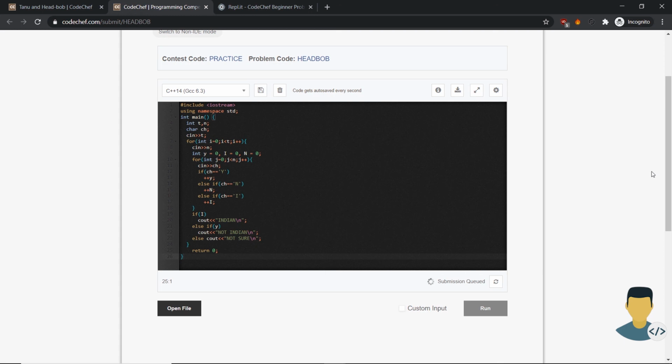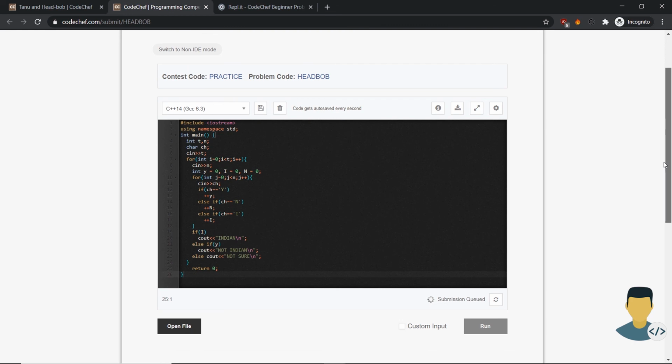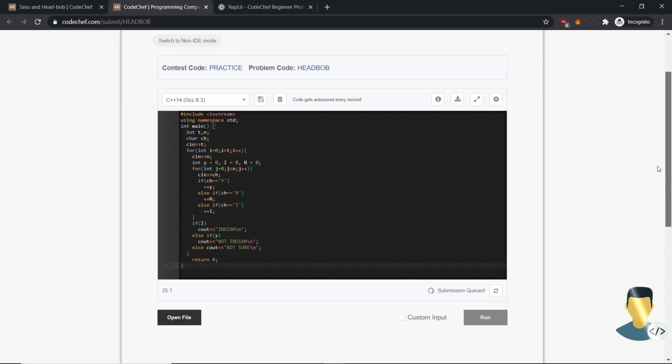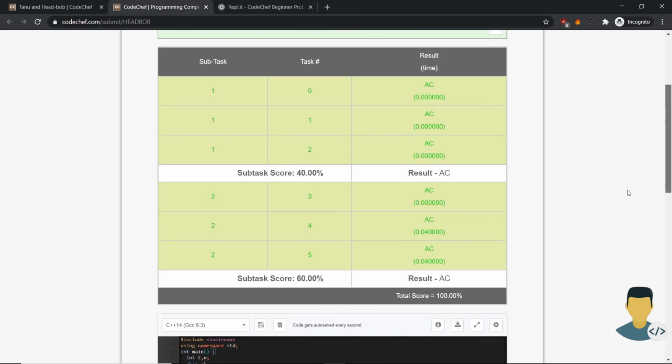Waiting for it a while, it may take a couple of seconds. I hate this process of testing because it takes some seconds and I don't like wasting time. Yeah, we have a correct solution.